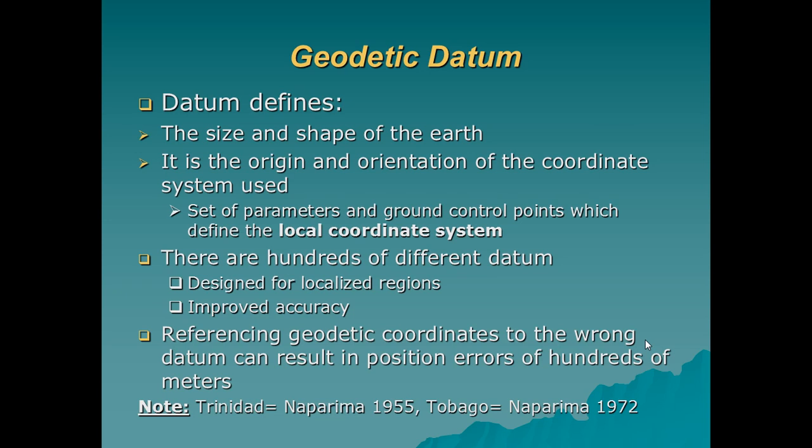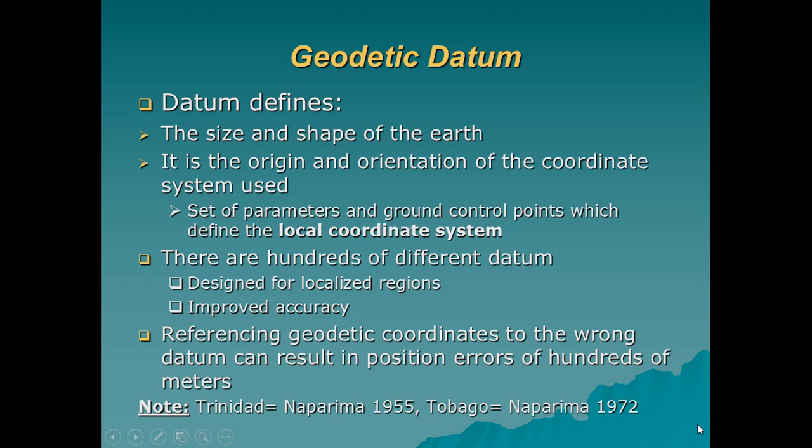Now if you reference the wrong geodetic coordinates to the wrong datum, this can lead to positional errors in your data. What I want you to note at the bottom of this slide is the name of the datum that we have in Trinidad and Tobago. Trinidad has the Naparima 1955 and Tobago has the Naparima 1972. So each one has a local datum.